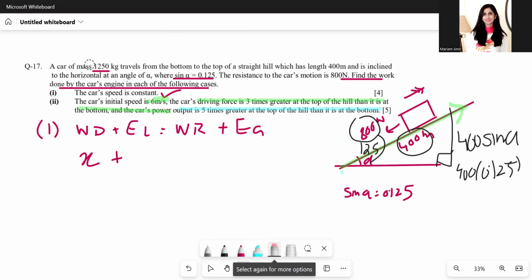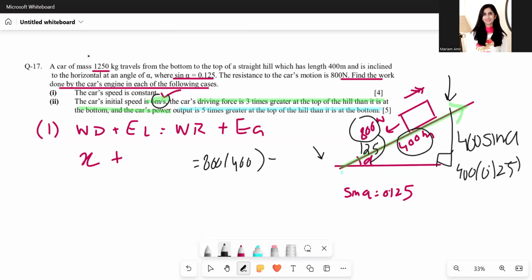Okay, let's redo. Work done by driving force is X plus loss in energy. So we have to see whether the speed upwards increases or decreases. First, we need to find the speed at the top. Then we can determine whether it's an increase or a loss in kinetic energy. This is equal to work done by resisting force, which is going to be the same, plus energy gain, which is also going to be the same, mgh.